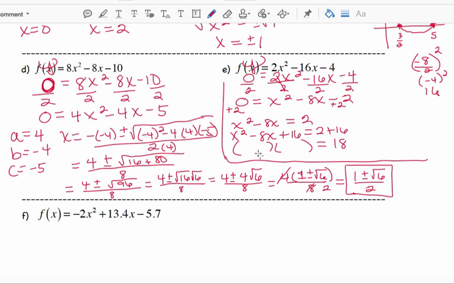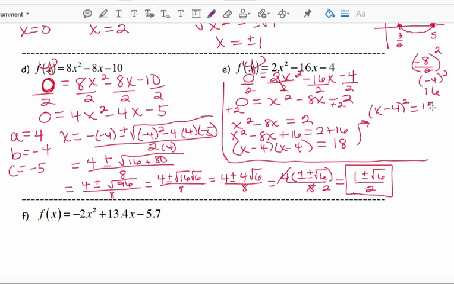This is going to factor into x and x, and negative 4 times negative 4 multiplies to 16 but adds to negative 8. And now that you have your binomial twins over here, you're going to write those condensed as x minus 4 squared.